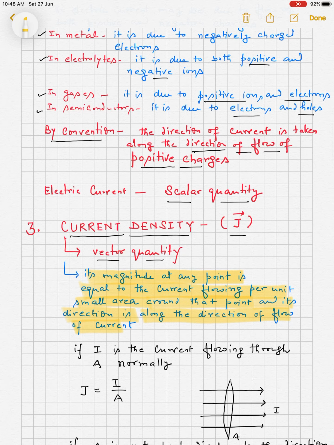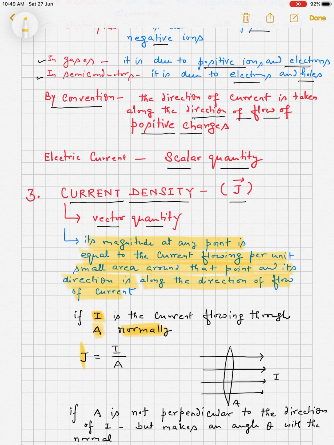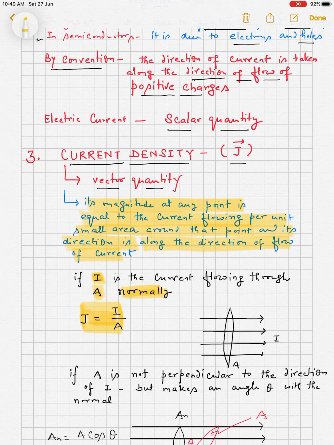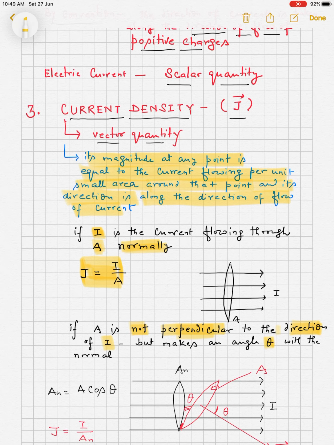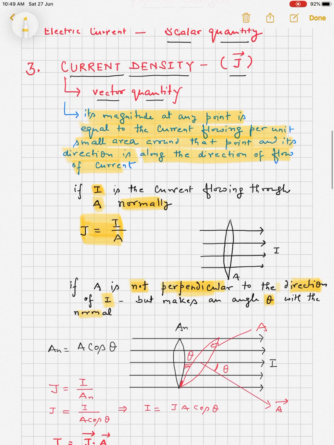So if I is the current flowing through an area A that is normal to the electric current, in this case the relation is J equal to I upon A. Current density J equals I upon A. In the second case, if A is not perpendicular to the direction of I, but makes an angle theta with the normal, the diagram is shown.